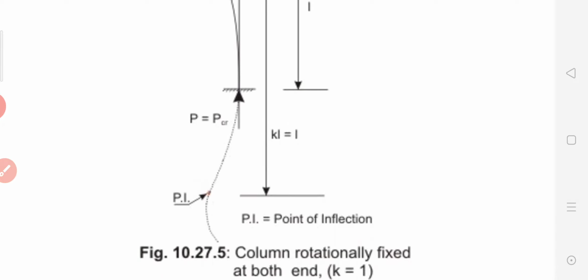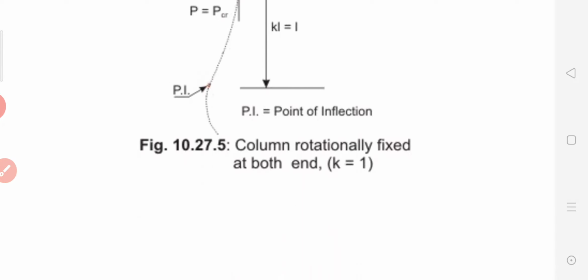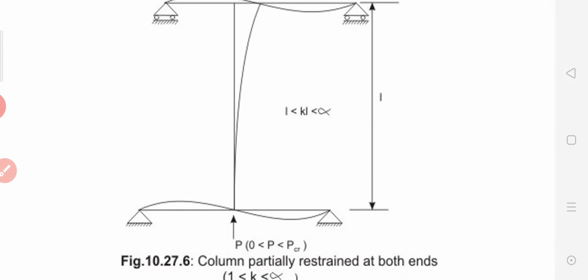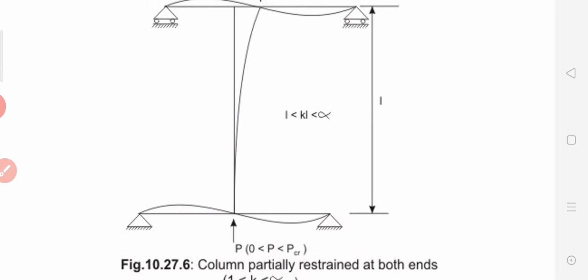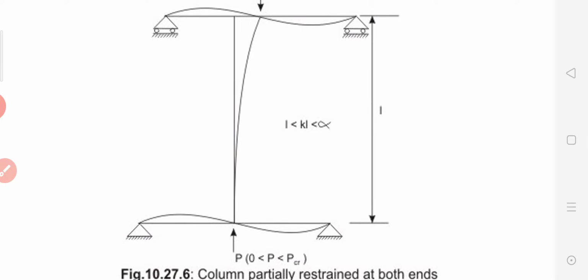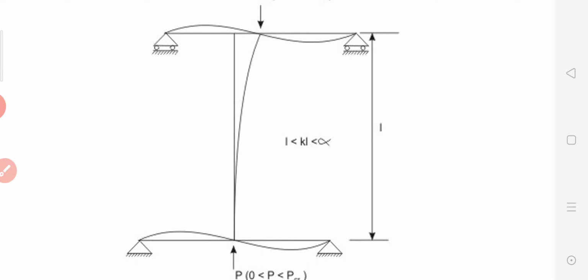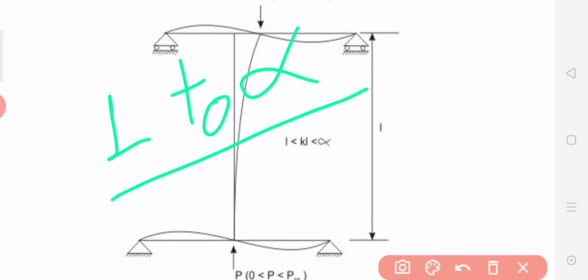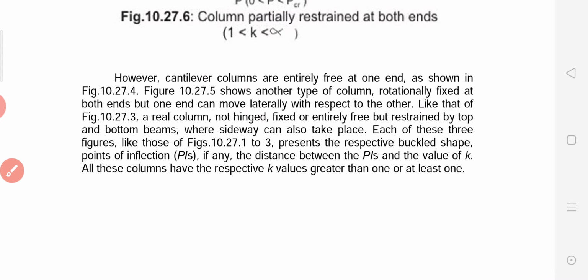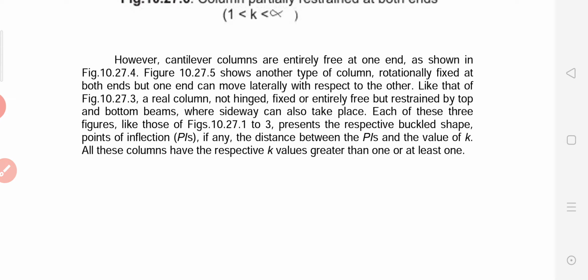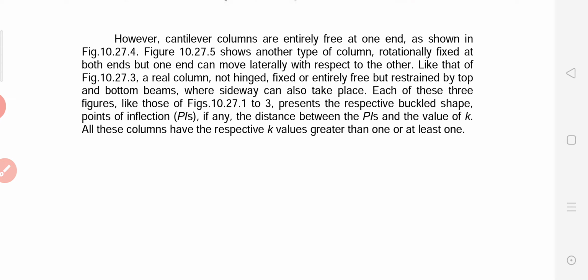This condition is a column rotationally fixed at both ends. When the column is partially restrained at both ends, then the value taken is between 1 and infinity for this condition. However, cantilever columns are entirely free at one end.